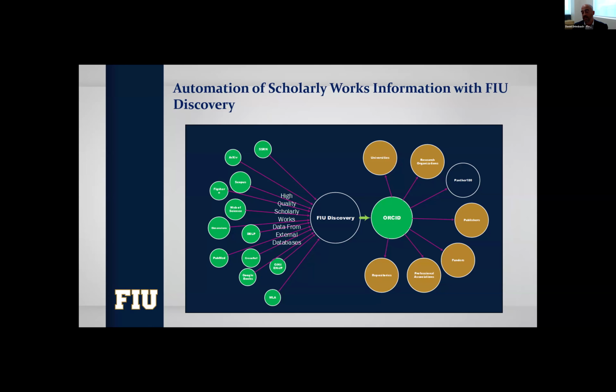Here's one way that you can get your information to the right places. On the right-hand side, we have an important system for our faculty, where they're evaluated. It's called Panther 180. Ultimately, we're trying to show them how ORCID can be a key component in getting their information correct in multiple places.